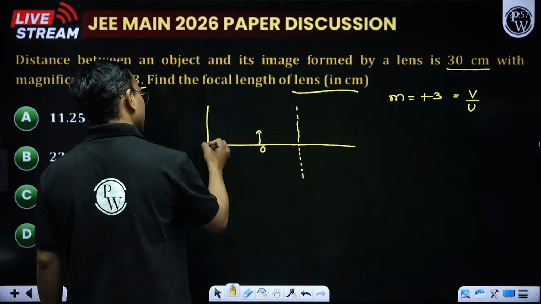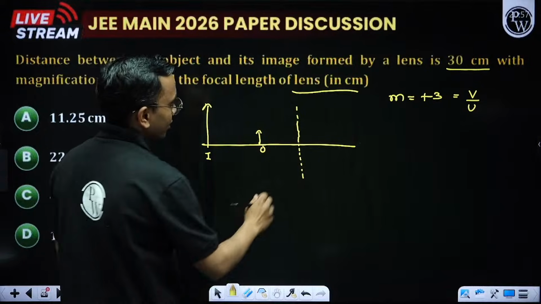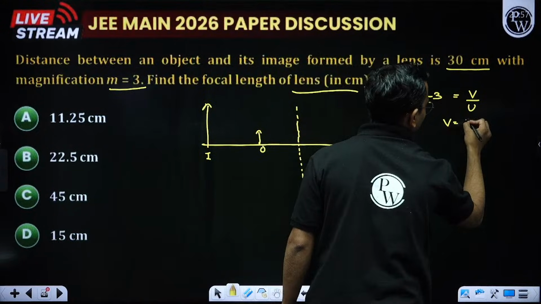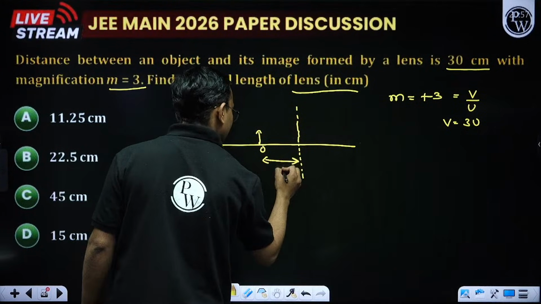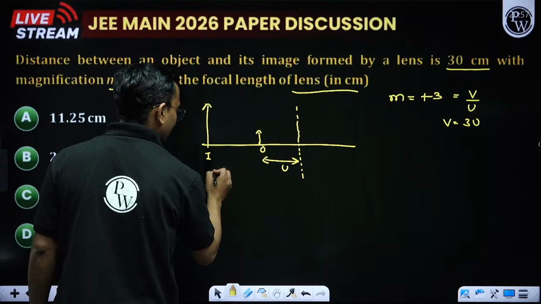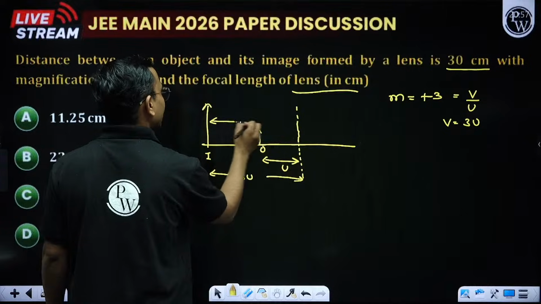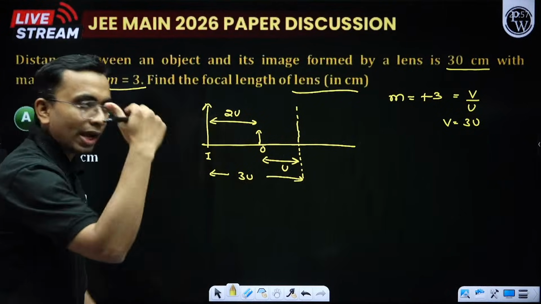Image is here. And this distance ratio is 3. So V is actually 3 times of U. So if I say this is U, this is my 3U. Basically the distance between them is 2U, and that 2U magnitude is 30.